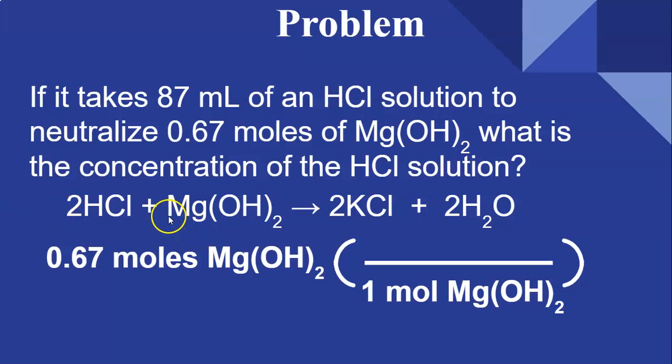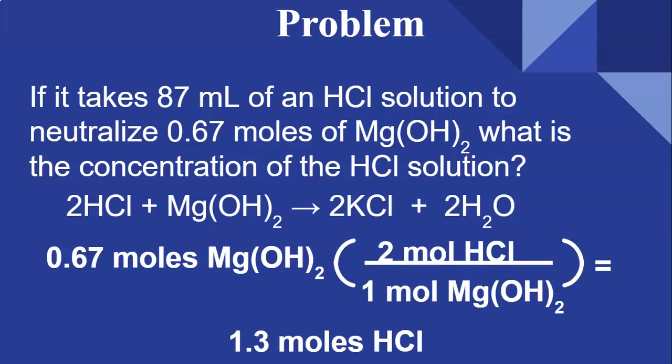So again, I'm going to look here, and I don't have a number, so it's 1. And I'm going to switch over to what I'm looking for, which is the hydrochloric acid solution they used to neutralize. So that's going to go on top. And again, I'm going to put my 2 because there's a 2 in my equation. So I multiply across and divide by the bottom, and I get 1.3 moles of hydrochloric acid.